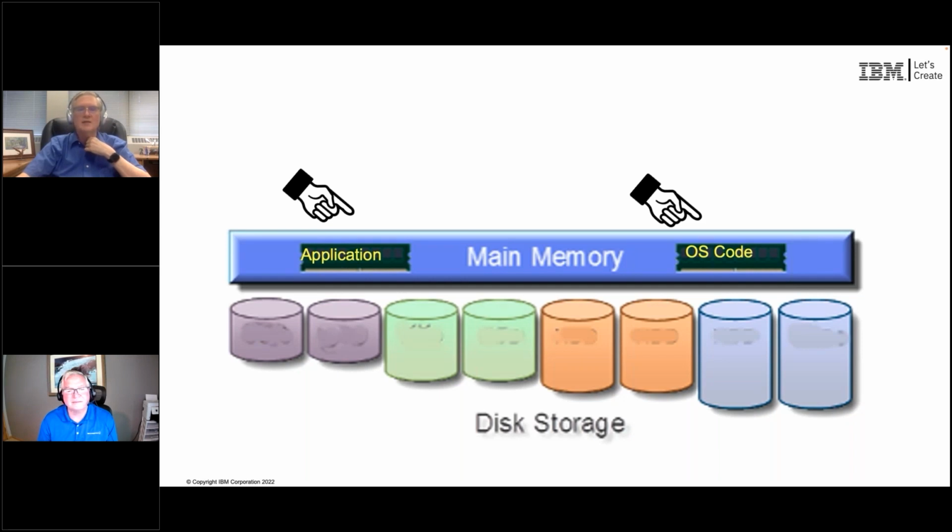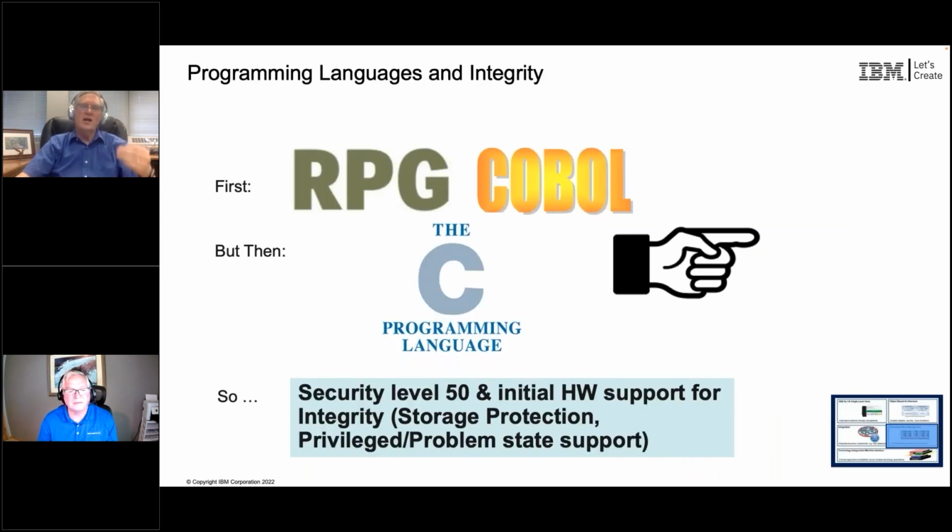So when we added the C programming language, we also had to add security level 50 and the initial hardware support for storage protection of pieces of the operating system that were deemed to be sensitive. Okay, so we had to create storage protection. We had to create this thing called privileged and problem state support.